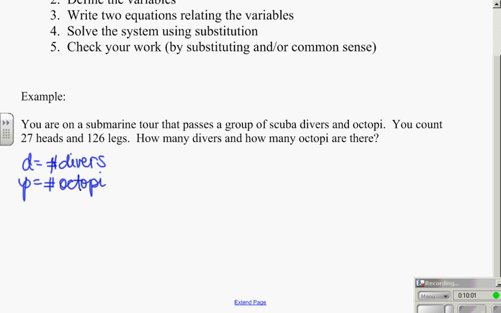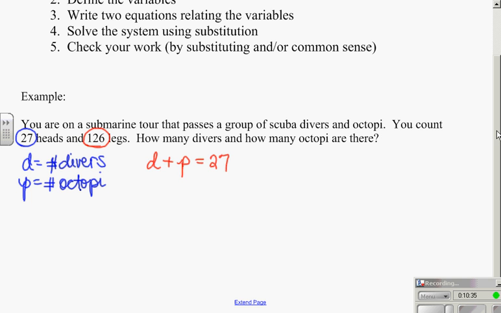Now this is kind of a silly problem because it doesn't directly tell me, but usually there's going to be a total quantity problem and then I call them weighted quantity. 27 heads is my quantity because last time I checked, divers and octopi each only had one head. So that tells me that the divers plus the octopi in total have to be 27. Maybe there's 20 divers and 7 octopi. Maybe it's the other way around.